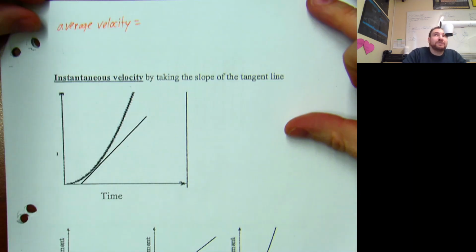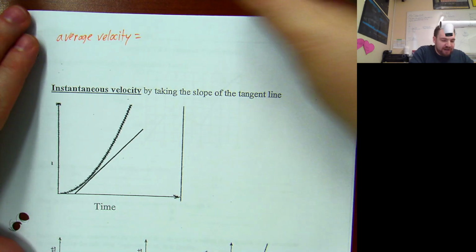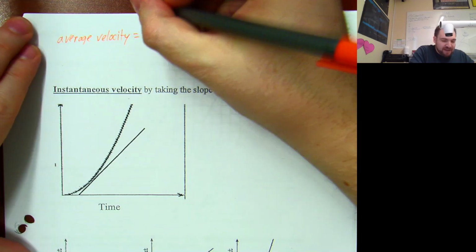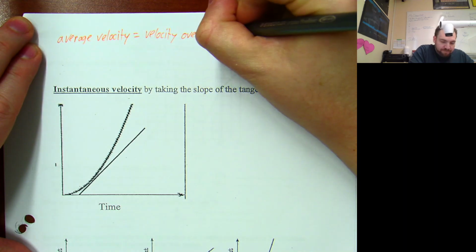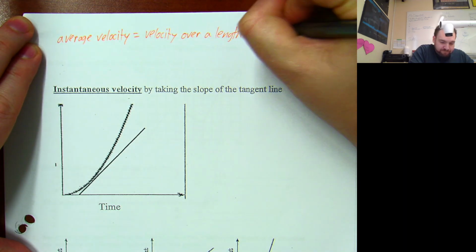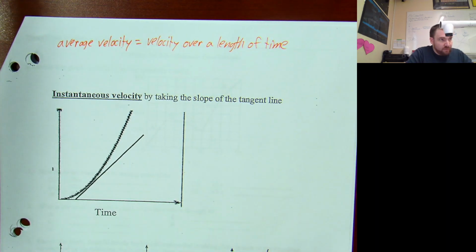Okay, so average velocity was what? So another way to think about average velocity is as your total distance over your total time. This is the velocity over a length of time. You're on a road trip and you're going for 6 hours and you cover this distance.